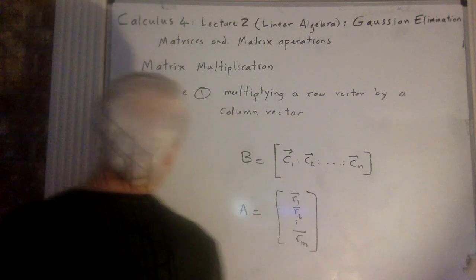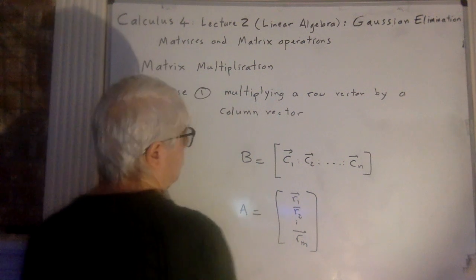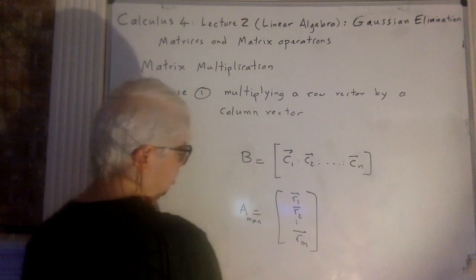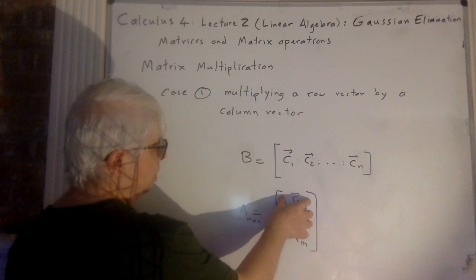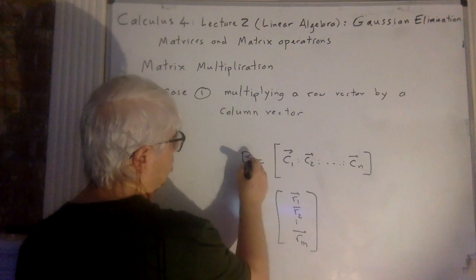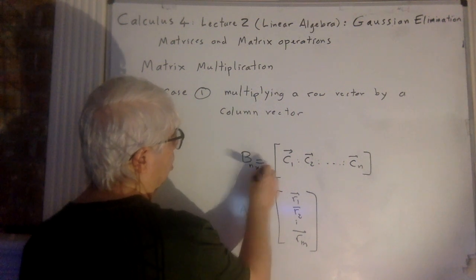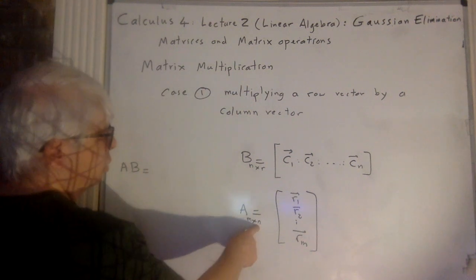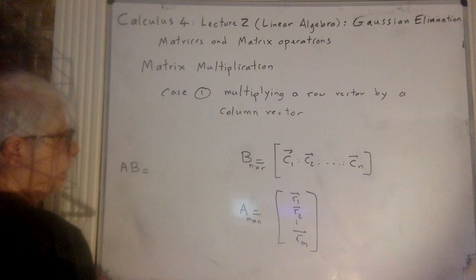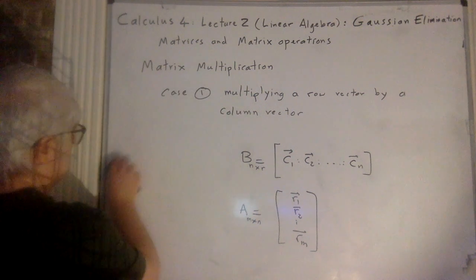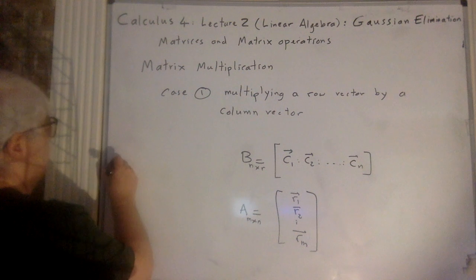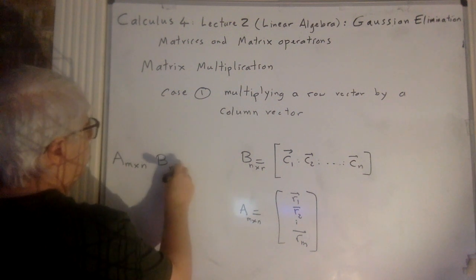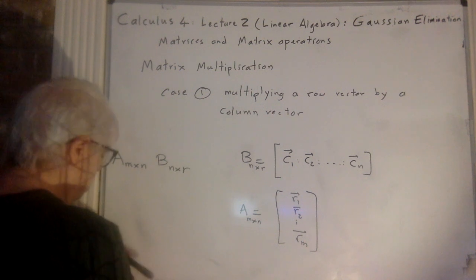So if this is m by n, say, so n is the dimension of this, then this should be n. So this B should be n times something, r. Right? So the second dimension of this one and the first dimension of this one should be the same. So let me write it again, and in this format, A, m by n can be multiplied by B, n by r. So these two should be the same.